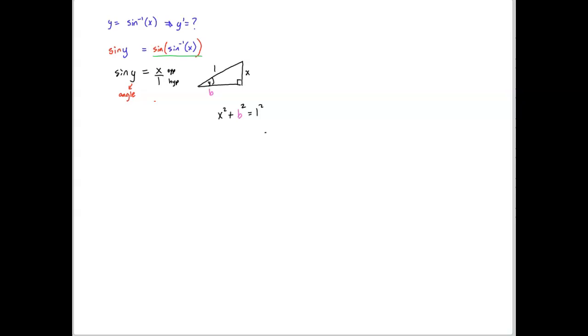Then b squared equals 1 minus x squared. And then we would just take a square root on both sides, and it's true that b is equal to the square root of 1 minus x squared. So an expression that could represent the third side of the triangle is rad 1 minus x squared.